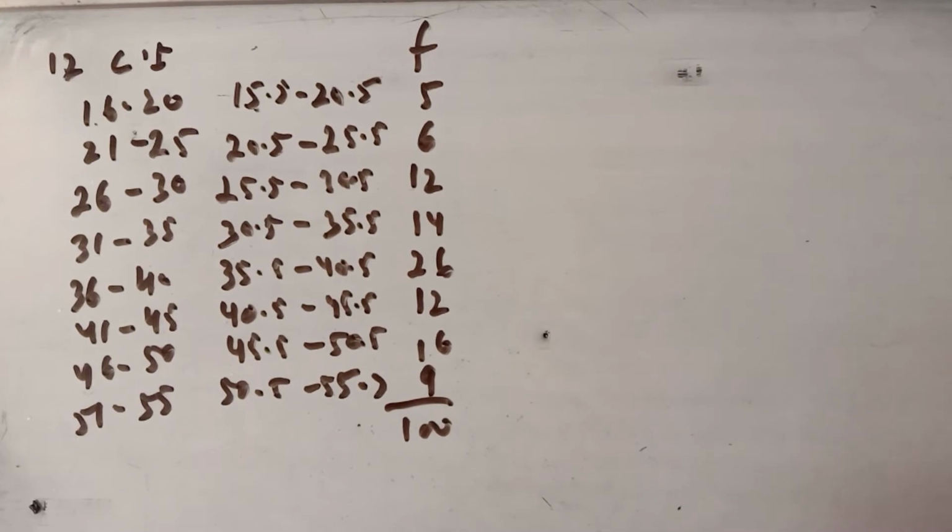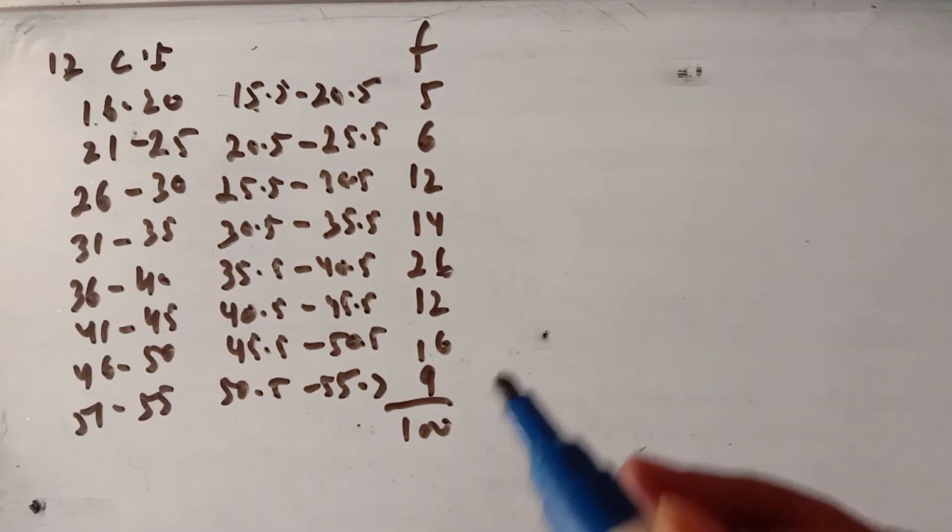It is equal to 100. We are finding the median first of all, then we'll find the mean deviation about the median.